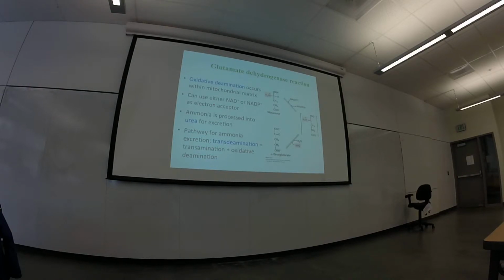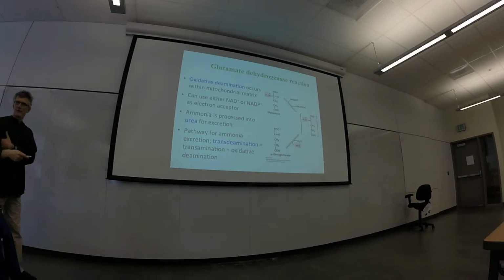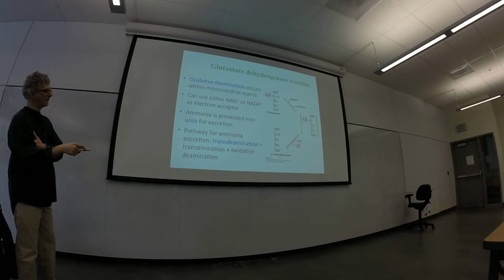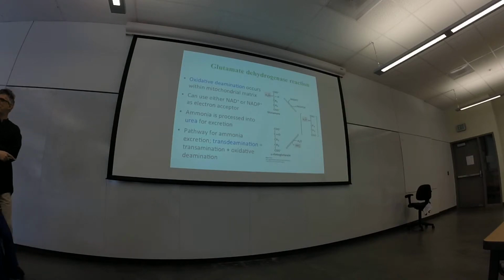So this kind of offsets the energy requirements of the urea cycle a little bit, because that whole process of nitrogen excretion, where urea is generated and incorporated into another metabolite for eventual excretion, does involve the synthesis of reducing equivalents. Especially if it's NADH, then it can generate ATP in oxidative phosphorylation.